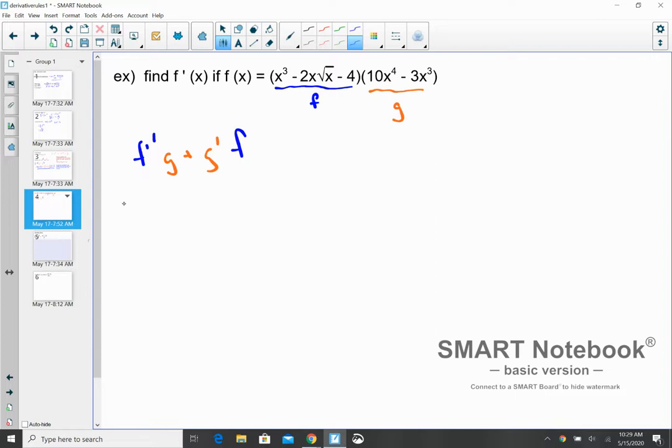All right, so here we go. So F prime is going to be equal to, let's see, the derivative of that is going to be 3x squared minus, I better talk about this, x rad x. X rad x, well, that's like saying x times x to the 1/2 power, which would be x to the 3/2 power.